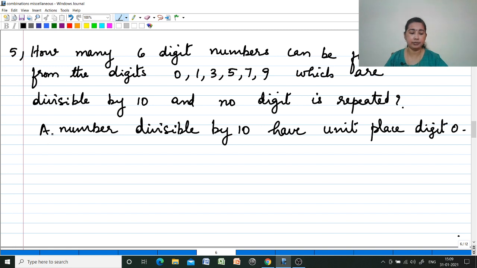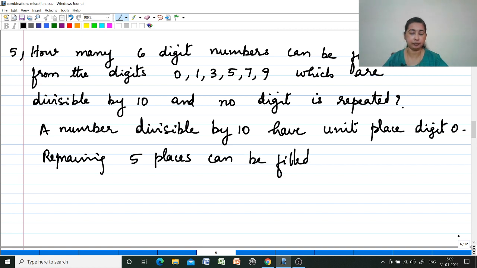So digit 0 is fixed at the unit place, and the remaining 5 places of the 6-digit number can be filled with the remaining 5 digits.